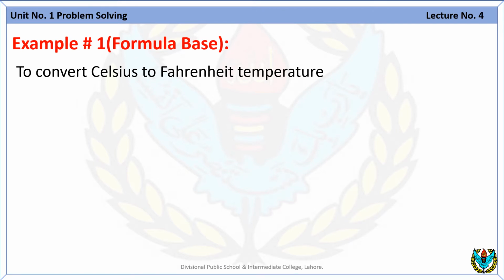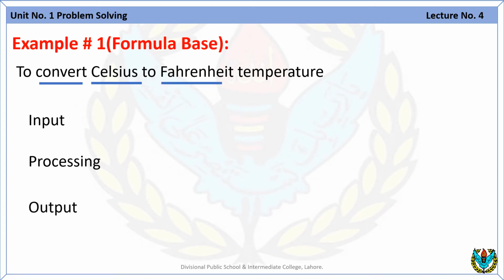So let's start. Remember, our first step should be to find and underline the input, processing and output from the given statement. So our input is Celsius, processing is the word convert, output is Fahrenheit.